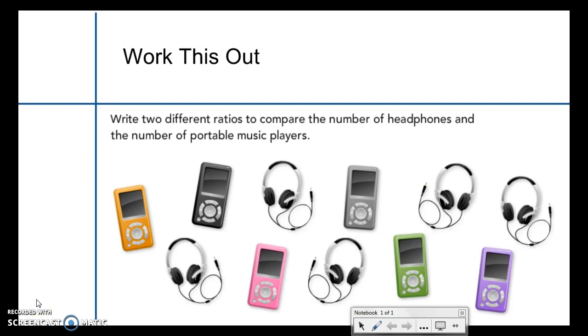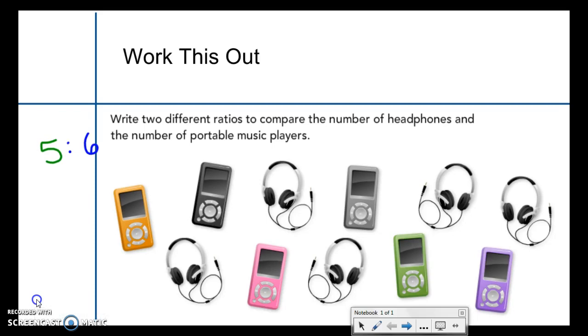Alright, so as you can see, there are 5 sets of headphones in this problem. And there are 6 music players as well. Okay? You can write your ratio as 5 to 6.